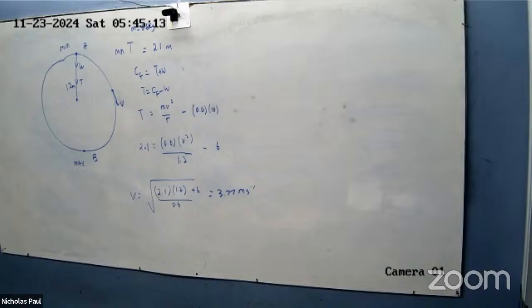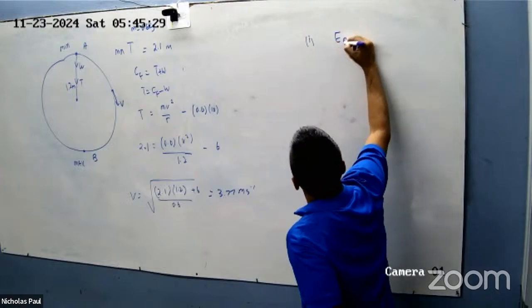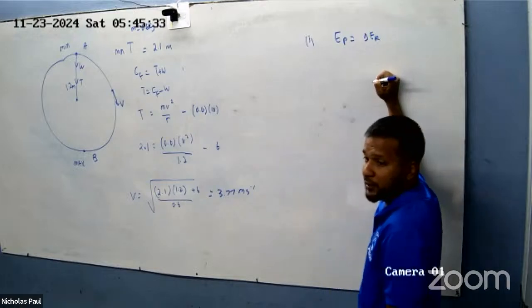A decrease in potential and a gain in kinetic, right? So whenever your potential changes to kinetic, half mv squared. But what's the formula we use when the potential is being changed to kinetic?